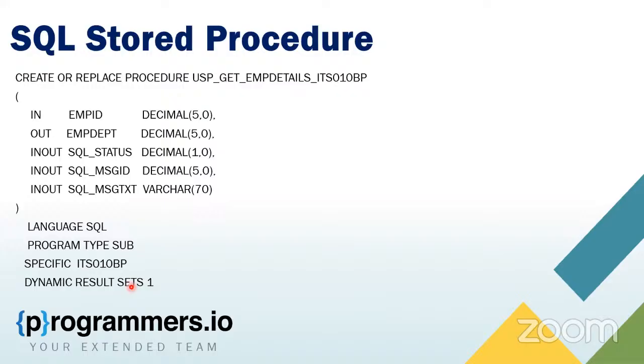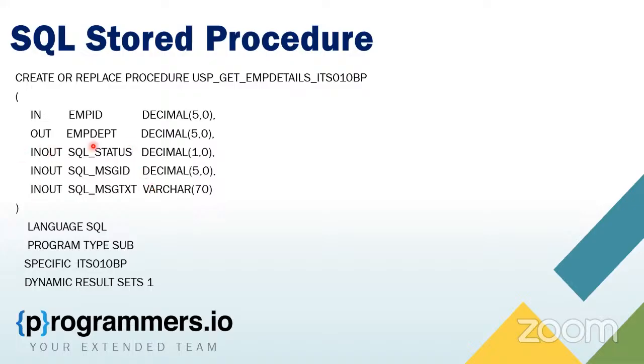Now focus on how I am creating a stored procedure. Create or replace procedure. This is a real example. Here I have provided the procedure name, and you can see this is a long name. This is one input parameter. After some calculation, I will return one output parameter, and this is an in out parameter.